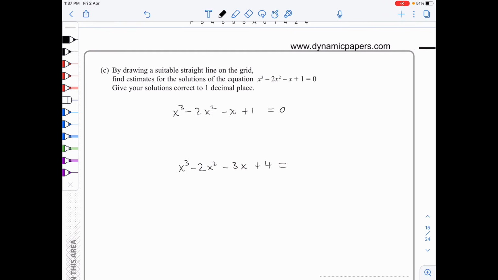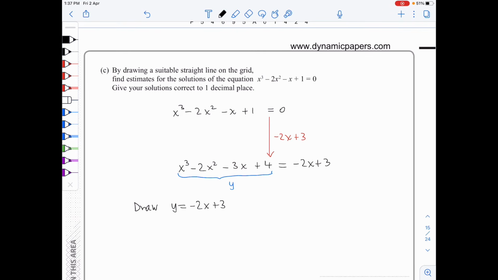So in order to go from the top to the bottom, I see that I've got the same number of x cubed, the same number of x squared, that's good. To go from minus x to minus 3x, I need to deduct 2x. And to go from 1 to 4, I need to add 3. So this is essentially a rearrangement, because all of this now is just y. So we need to draw the line y is minus 2x plus 3.